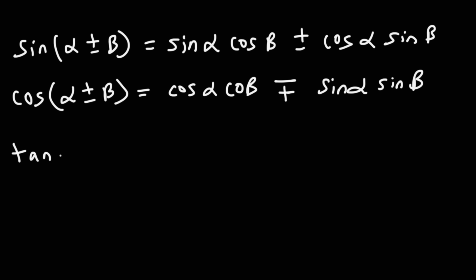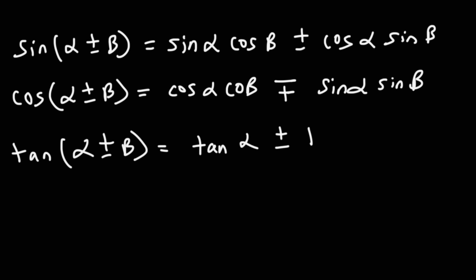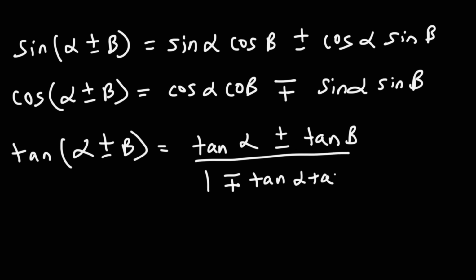Now the next sum and difference identity has to do with tangent. Tangent alpha plus or minus beta is going to be tangent alpha plus or minus tan beta over 1 minus or plus tan alpha tan beta.